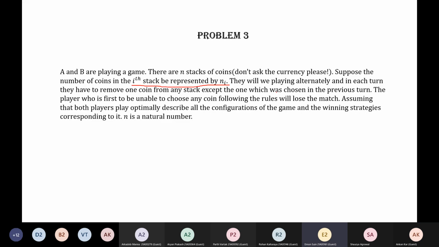But if ni is not equal to nj, then all A has to do is to just equalize every stack, meaning the height, because every coin is assumed equal. Then B will make the first move over there again, so obviously A wins. And will the opponent give him time to make all the stacks equal?